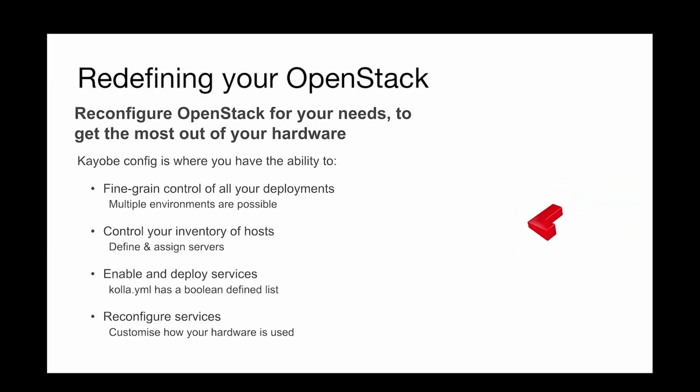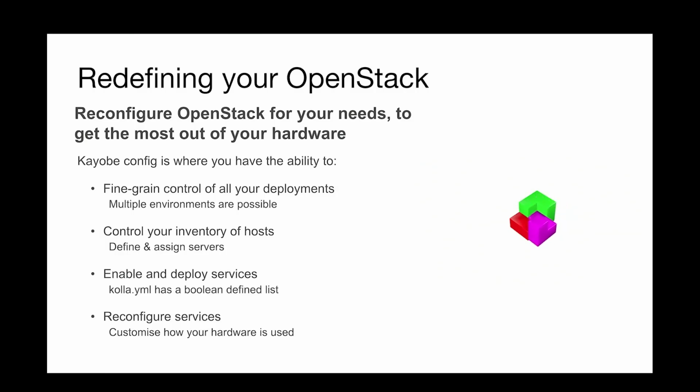As Matt said earlier, they are idempotent, and so whenever we want to make a change, we can make that as code, as infrastructure as code within our KOB config.